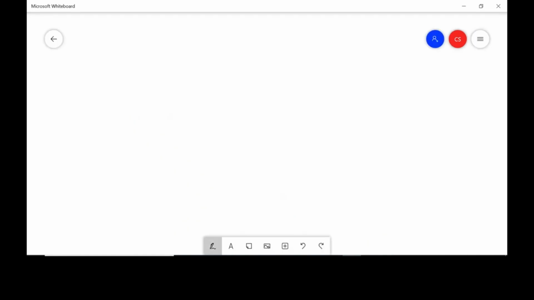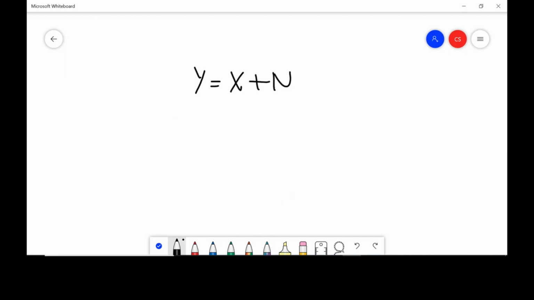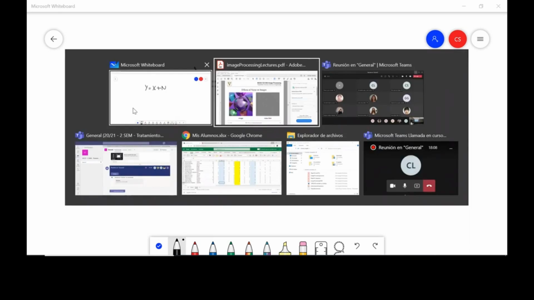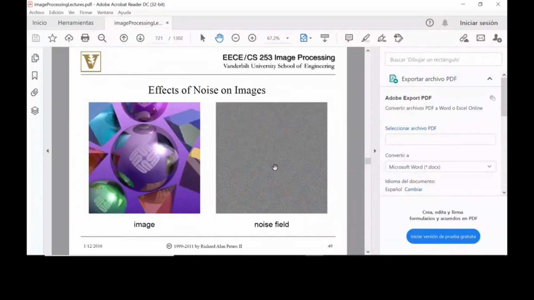Okay, so let's say that we have this model, x plus n. So this is the ideal image, this is a noise image, and those were the two images that we were looking at in the slide. Okay, so this is x, this is n.